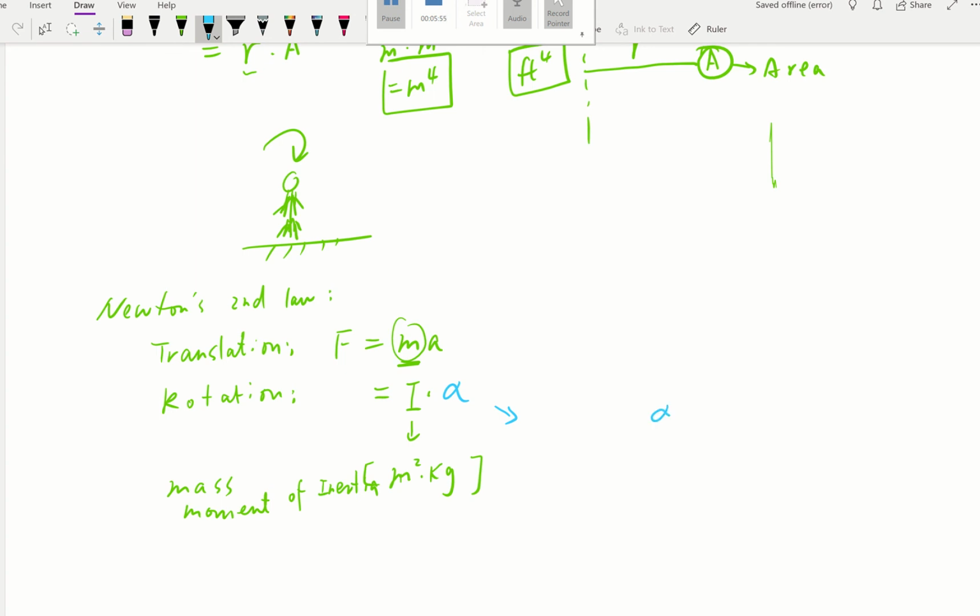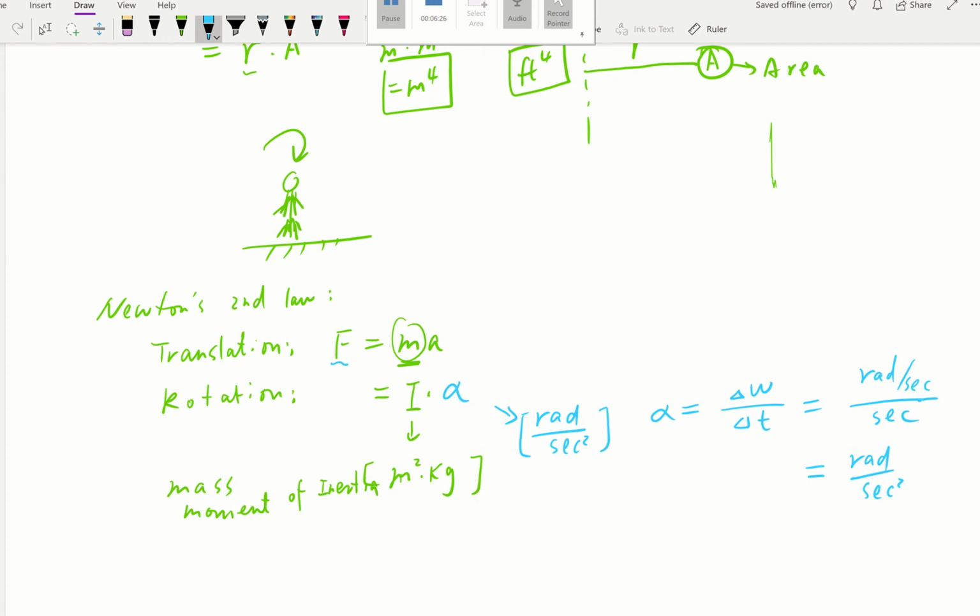Quick recap: alpha is the change in angular velocity over time. Angular velocity is radians per second, and then per time, so angular acceleration will be radians per second squared. That will be the unit for angular acceleration.